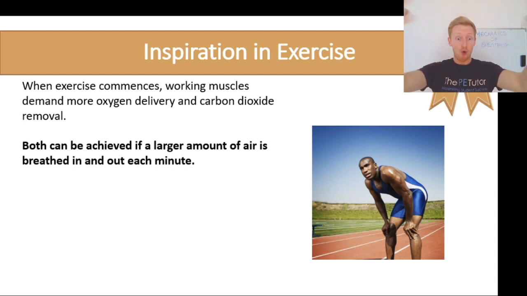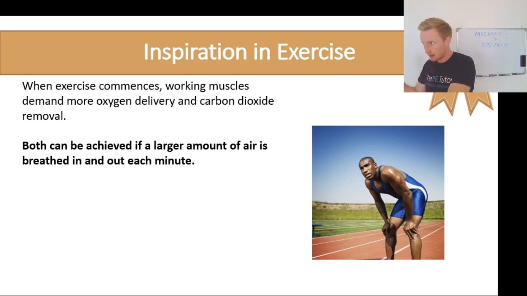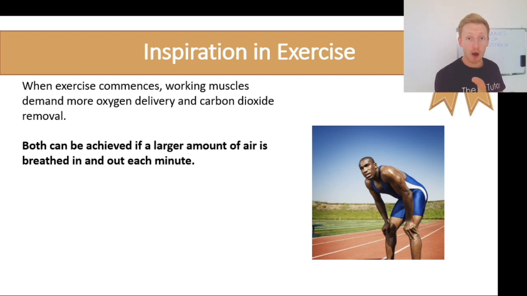We need to get more air in so that we have the opportunity to get more oxygen out of that volume of air to then distribute it around the body. So in response to this demand for more oxygen, our body needs to be able to inspire at a greater frequency, at a greater depth, so that we get more air in per minute.